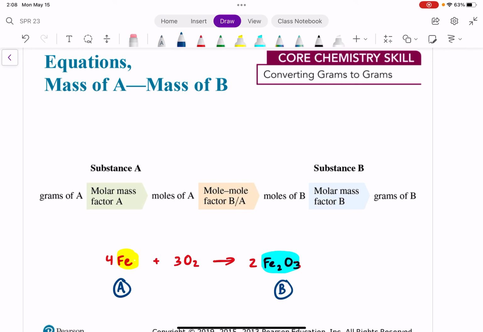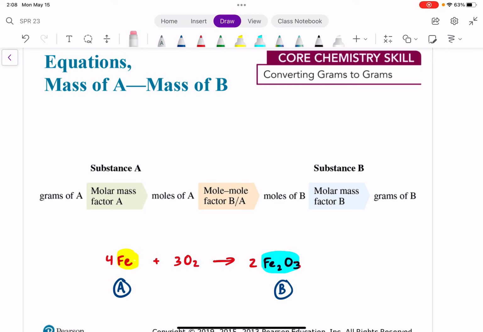So you could start with iron and try to find how much of your product you can make. You can start with oxygen and try to find out how much of your product you can make. You can start with your product and find out how many reactants you would have had before you got to that product, and so on.